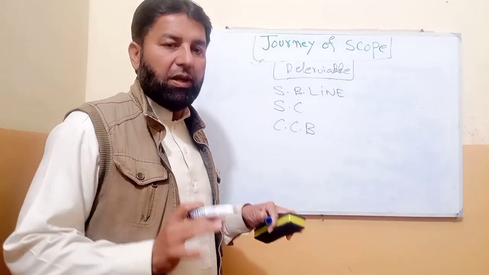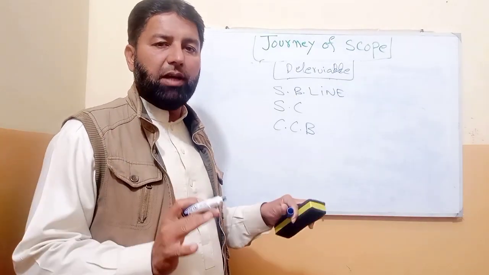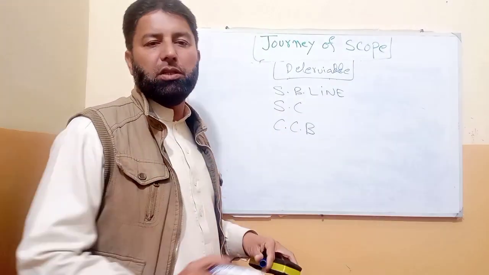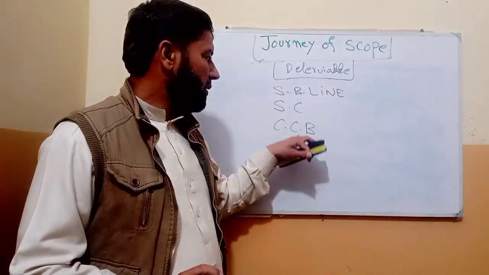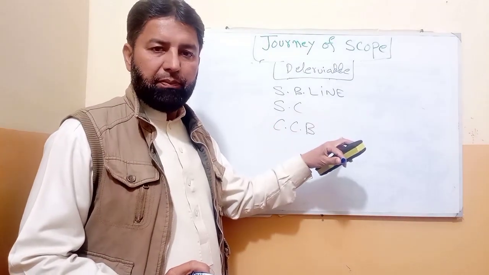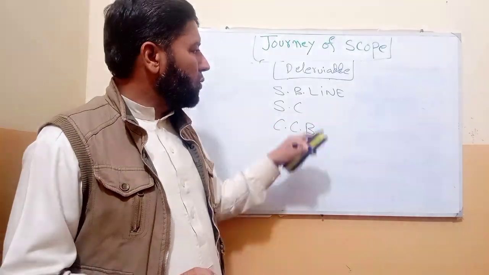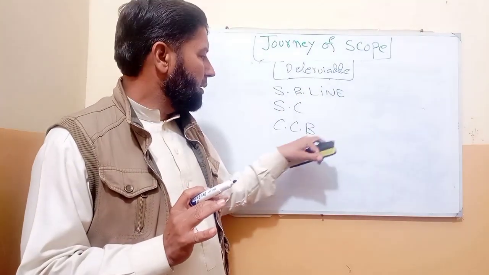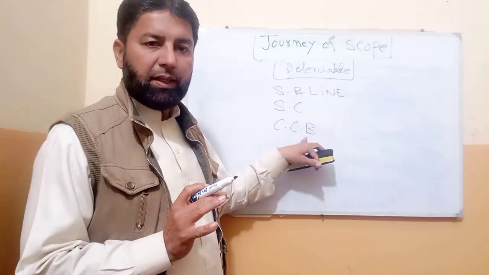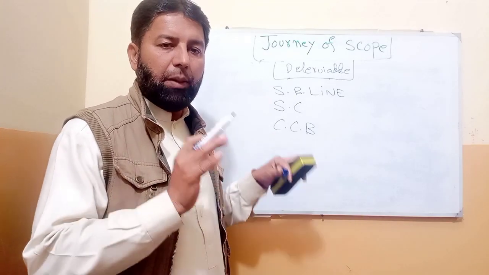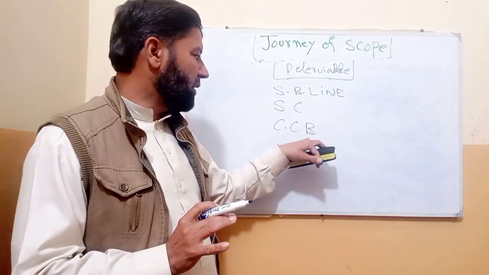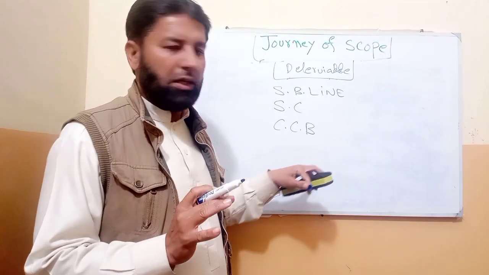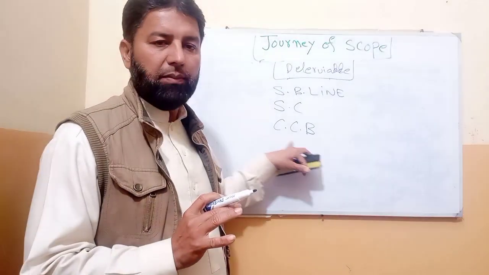If the client wants to add or remove anything, he should submit a formal request to the CCB, and they will do a detailed impact analysis. After that, they will accept or reject the request. It will depend on the CCB.